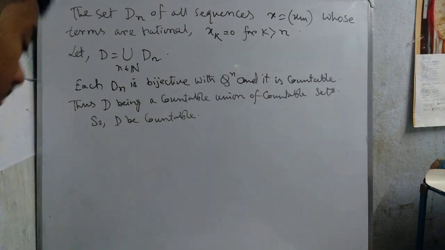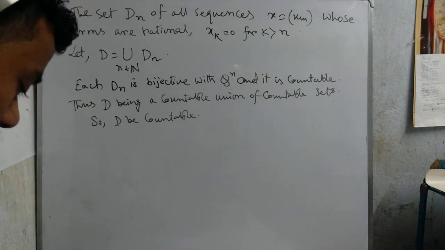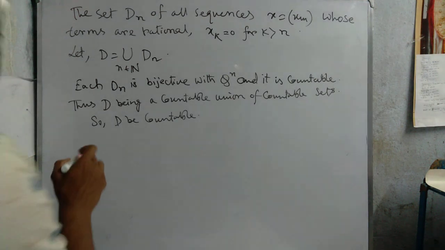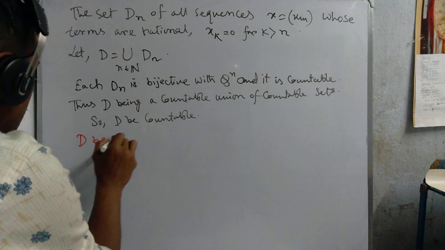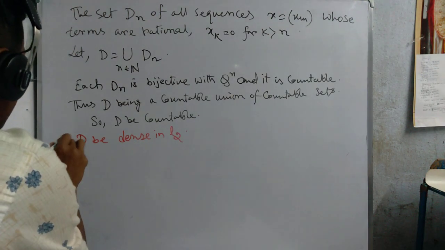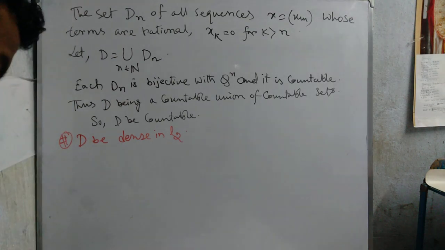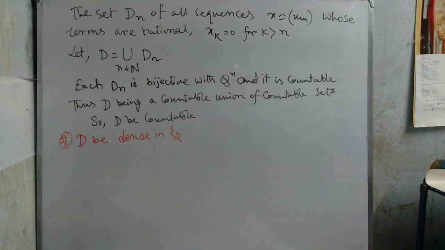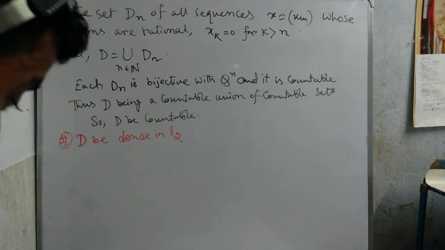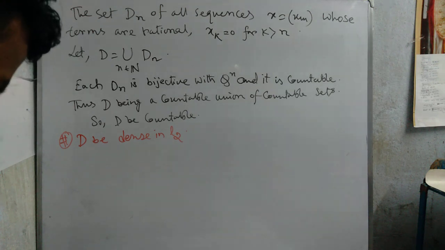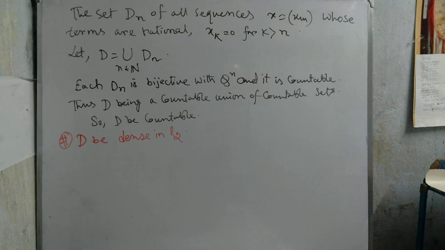Then we proceed with this. We saw that D is dense in L2. How do we show this?